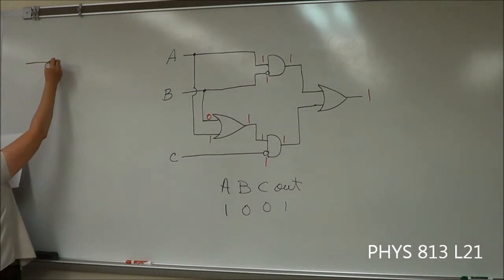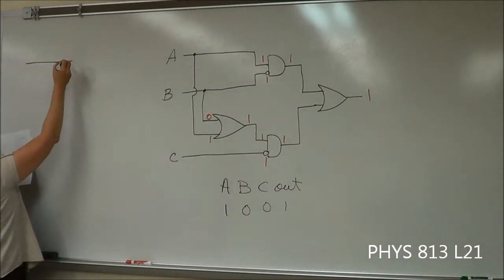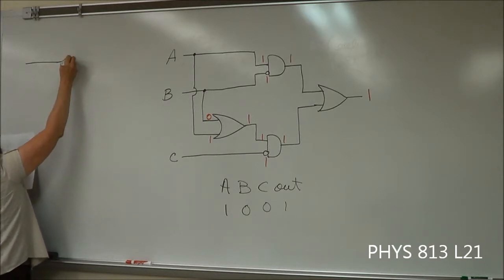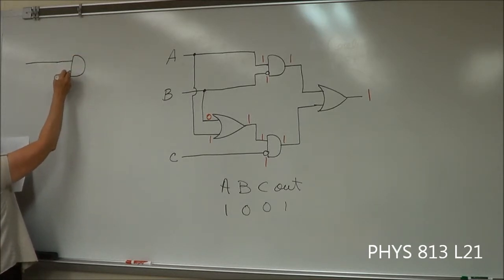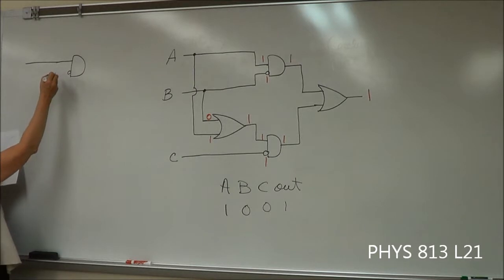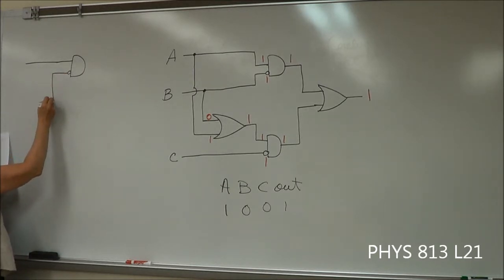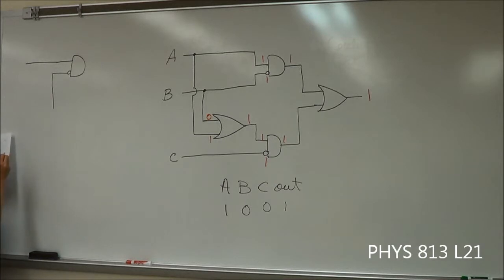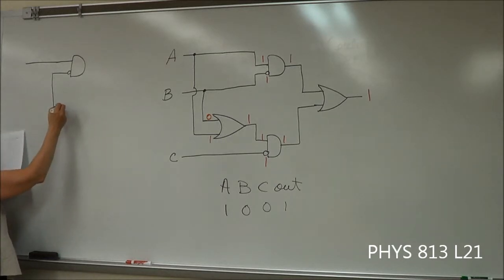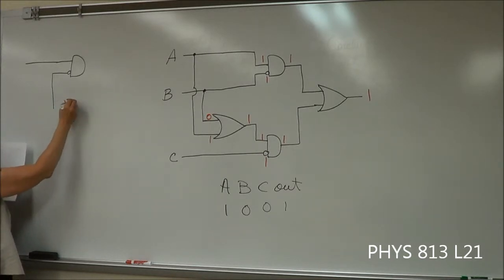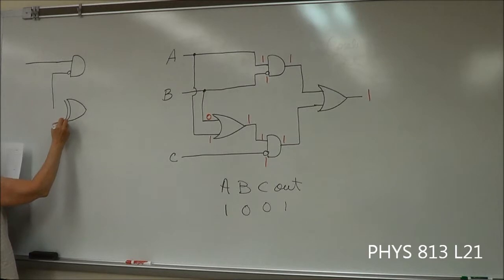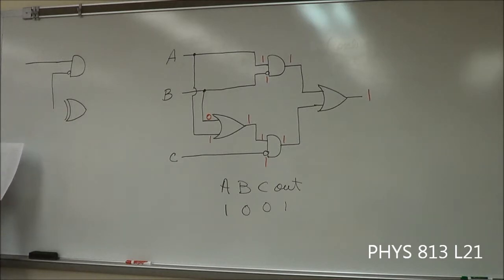We have a line here, and we have an AND with a not in front of this one. This is over here and down. And then here we're going to have an exclusive OR. So we have the OR with an extra line in front of it.